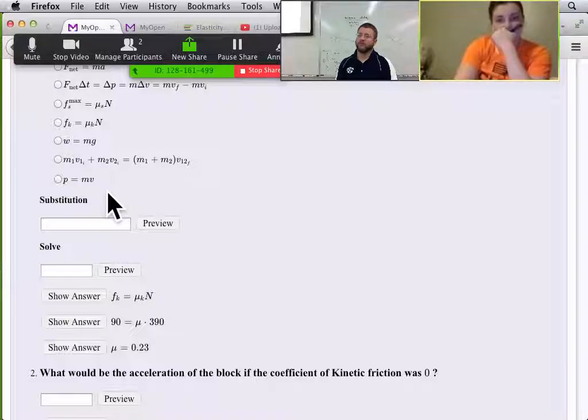If the friction is equal to the coefficient of kinetic friction times the normal force, and the coefficient of kinetic friction is 0, what happens to the friction? There is none. So then you just go back to your net force just being the applied force, equaling mass times acceleration, and you can calculate the acceleration that way.